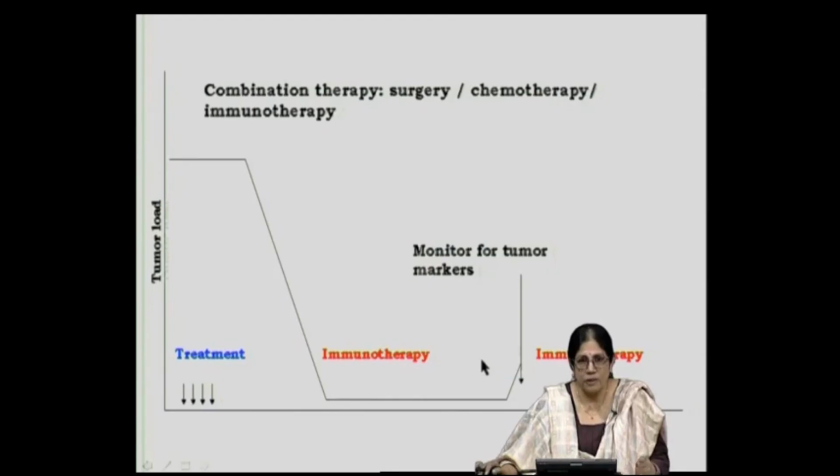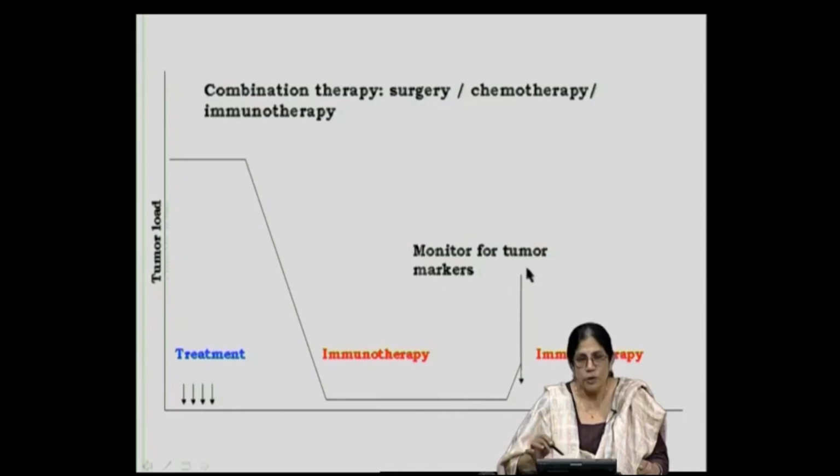Now, in case of very fast growing tumors, maybe the patient might require chemotherapy again, but in case of slower growing tumors, one can keep on monitoring by carrying out immunodiagnostics to find out when the cancer, even in spite of giving immunotherapy, has started to come back in circulation.